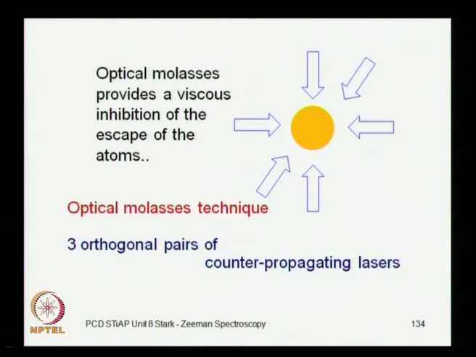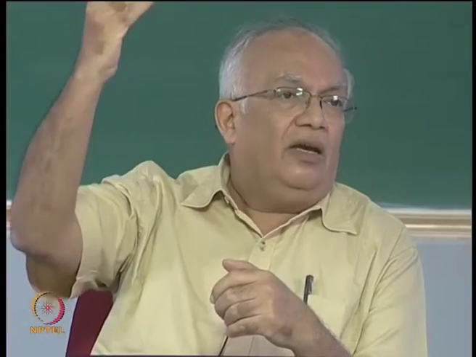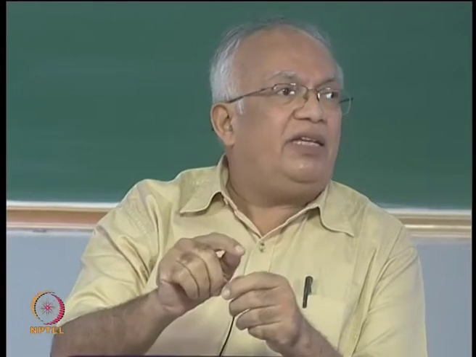Further, you have to worry about the fact that if you just slow down an atom in one direction, it can still escape, right, because it has got velocity in different directions, and if it has got a very high velocity in some other direction, it is going to escape. So, somehow you have to make sure that it remains there, and you have to inhibit its escape in other directions.